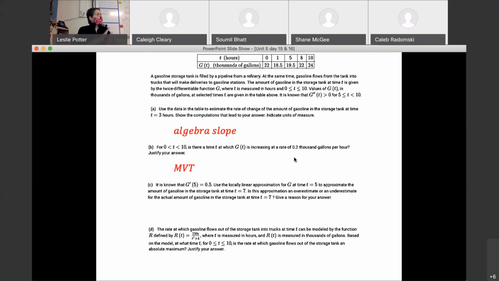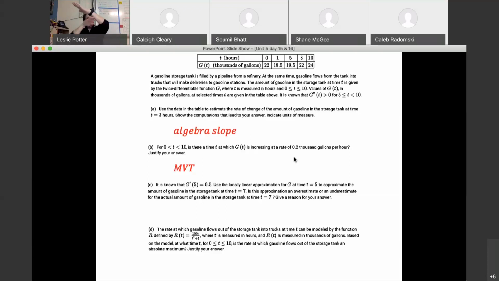C says I want a local linear approximation. What does that mean to you? Focus on the word linear. Yep, that's your tangent line. That's writing your equation for the tangent line and then using that to approximate. Does your function fall below or above?